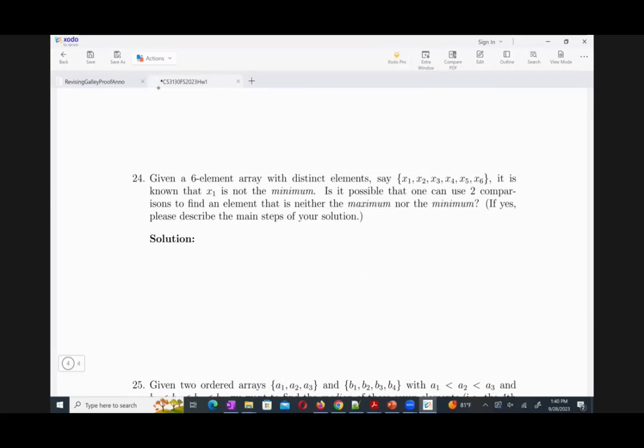Given a 6-element array with distinct elements, say x1, x2 through x6, it is known that x1 is not a minimum. That's the only thing we know.